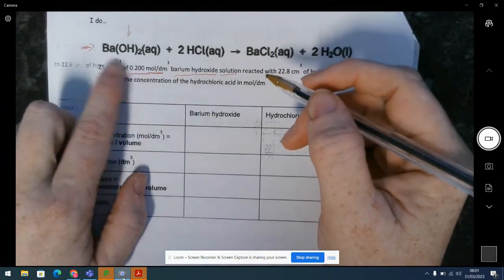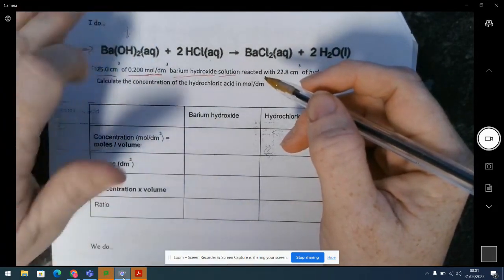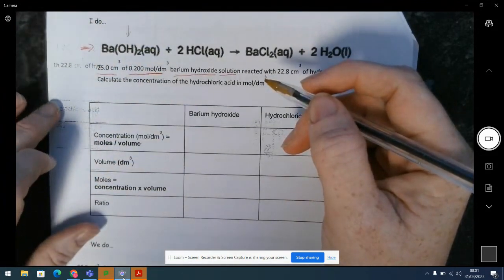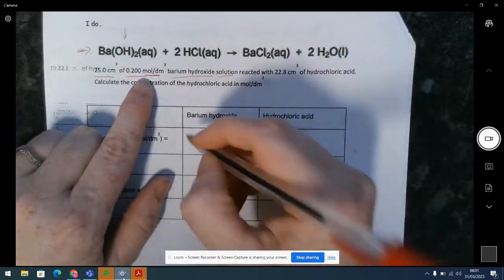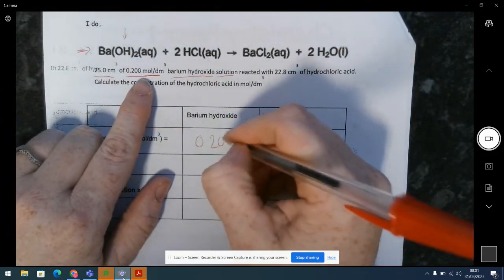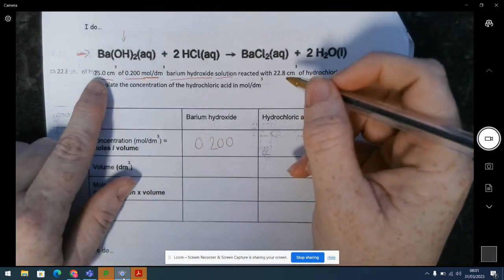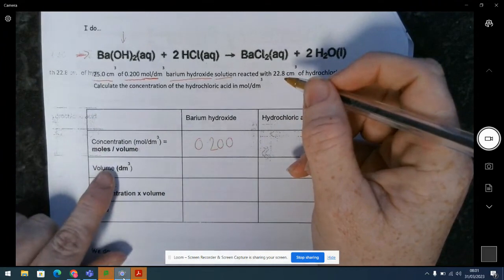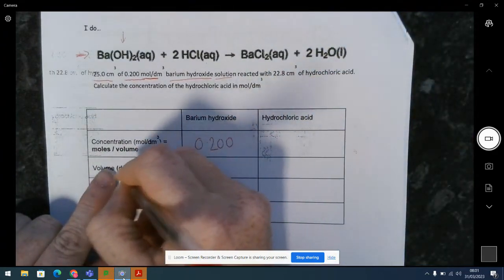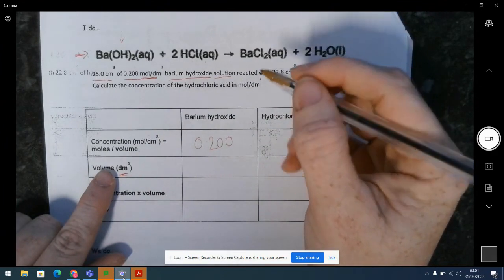I'm going to take the numbers from the question and put them into my table, and I'm also going to put them around the equation just to show you how I would lay this out. So concentration for barium hydroxide is 0.200, and we get that from the question. And the volume of barium hydroxide is 25 centimetres cubed. However, can you see how the volume should actually be in decimetres cubed?